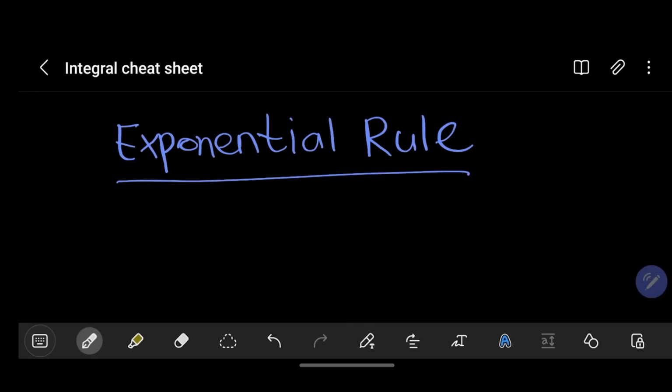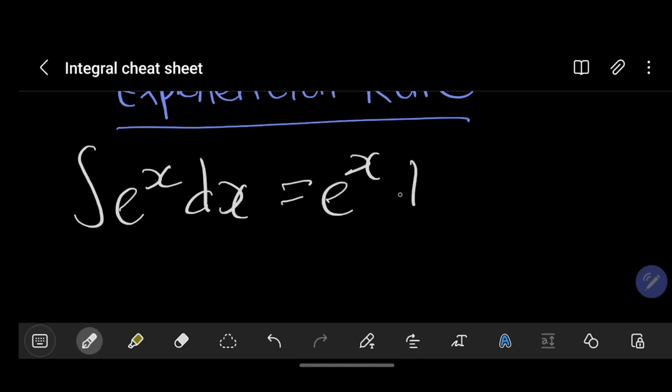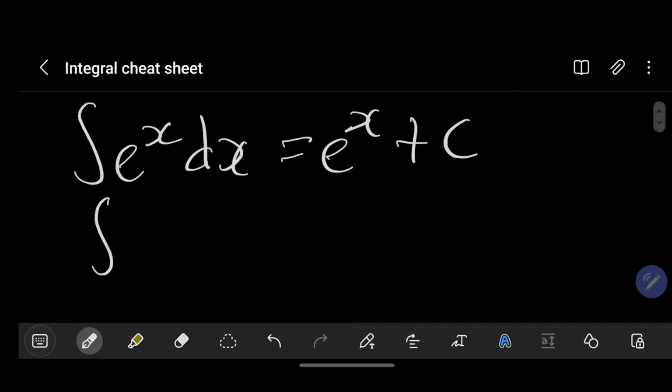Okay, so let's get into the exponential rule. The exponential rule is basically the integral of e to the x dx, that's equal to e to the x plus c. However, what do we do when we have a constant? If we have the integral of e to the a x dx, what is this?